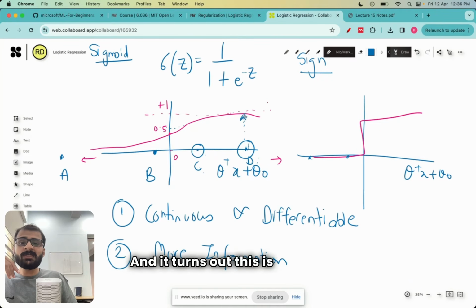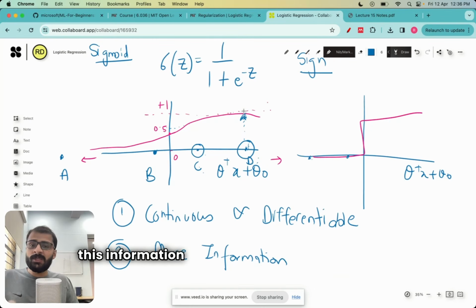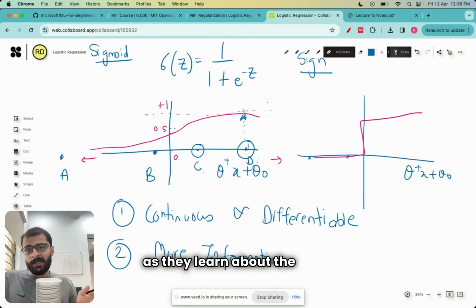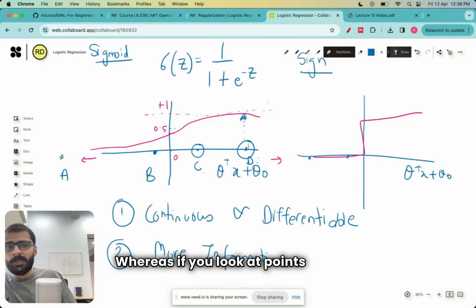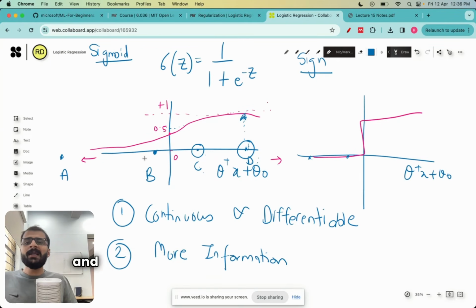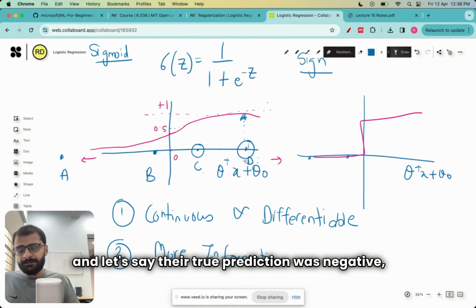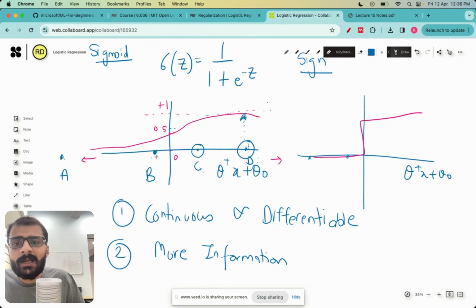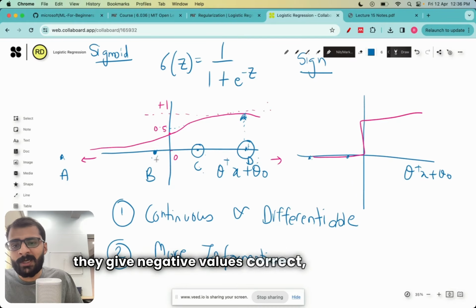And it turns out this information really helps machine learning algorithms as they learn about the data. Whereas if you look at points A and B, and let's say their true class was negative, we will know that both A and B give negative values, correct?